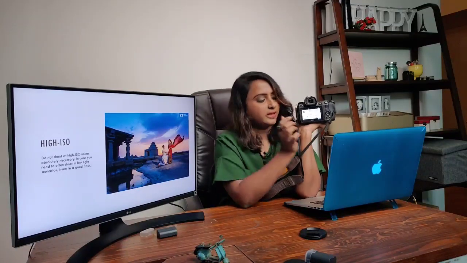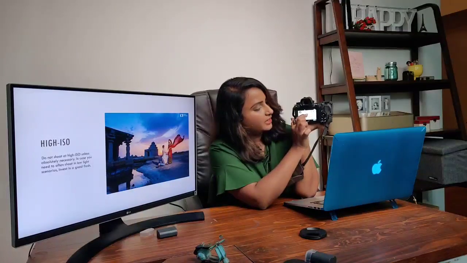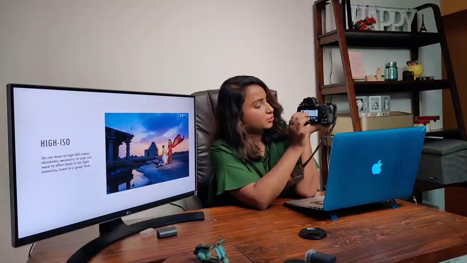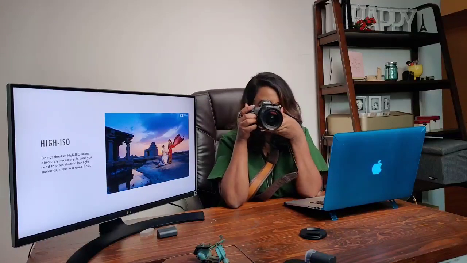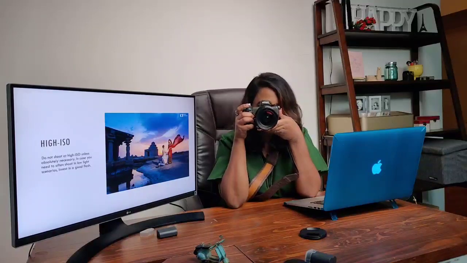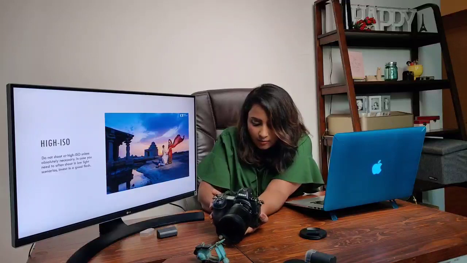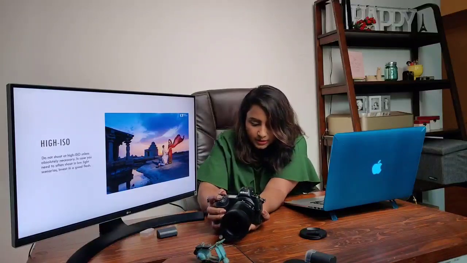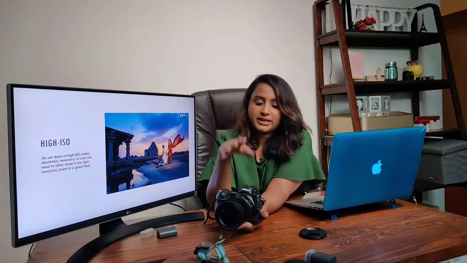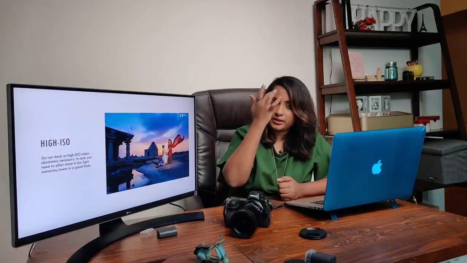Say if I'm looking at the LCD, the meter is displayed here in my camera where it says 0, -1, -2, +1, +2, +3, like that. If I'm looking through the viewfinder, I again see the meter. When I'm focusing on my subject, I constantly look at the meter, and if the meter shows 0, that means the camera thinks that is the right exposure for your scene. So that's how you calculate exposure.